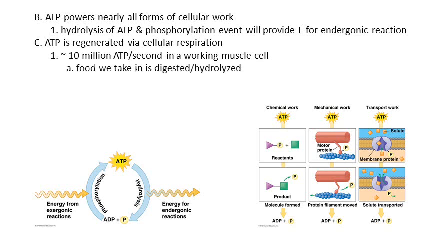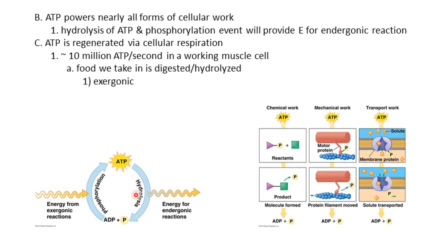Now, once again, what's critical in getting this done, of course, is we keep taking in high-energy food matter. Food matter that has quite a bit of energy stored in the bonds of the material. And as we digest, as we hydrolyze that food, energy is going to be released, which is exergonic. So that's what's being shown down here is the way we regenerate ATP from ADP and a phosphate: we have to have exergonic reactions that release energy that can drive the phosphate back onto ADP so that we get ATP being produced.